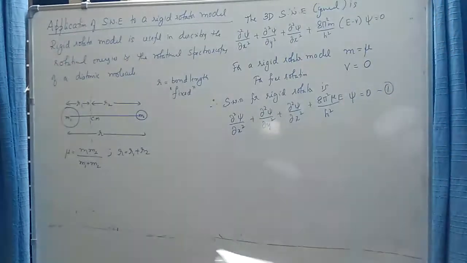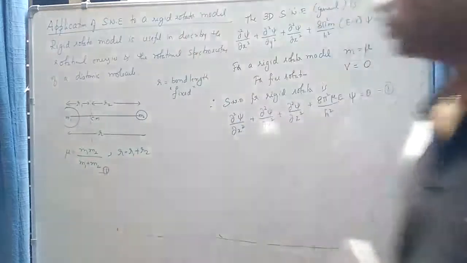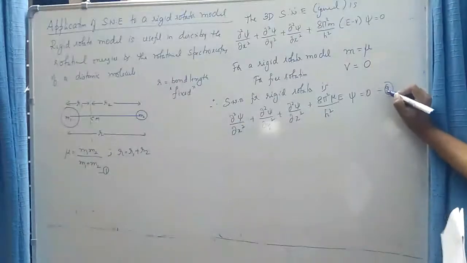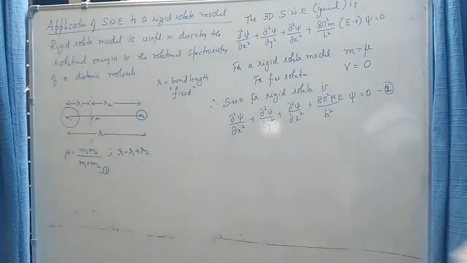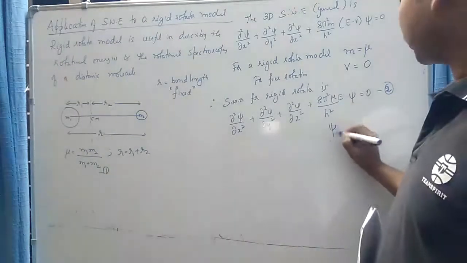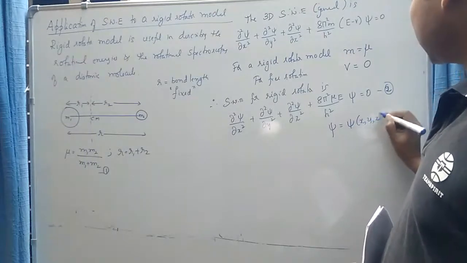I will follow the same equation numbers that I have used in the notes. So this is equation 1, this is equation 2. This is a 3-dimensional Schrodinger wave equation where psi is psi of x, y, z.